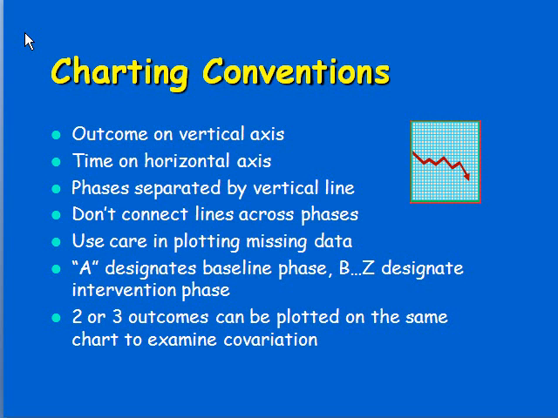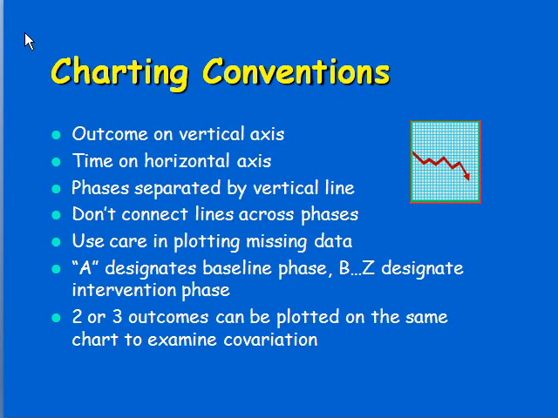You would separate the phases, and by the phases I mean baseline and any intervention phases that you have and follow-up phases. You want to separate them by a vertical line, and then you don't connect the last point of one phase to the first point of another phase.